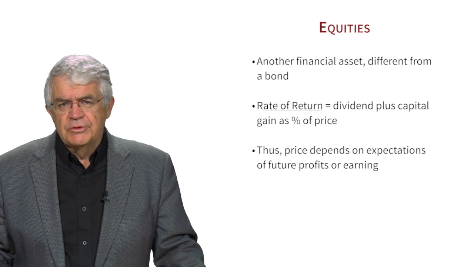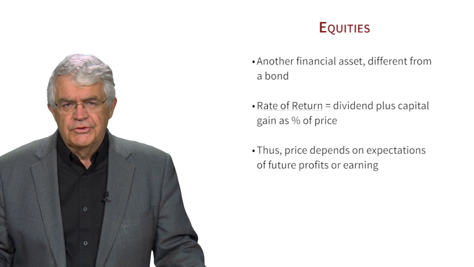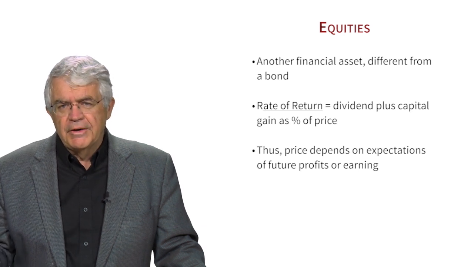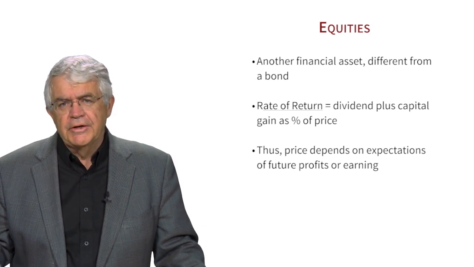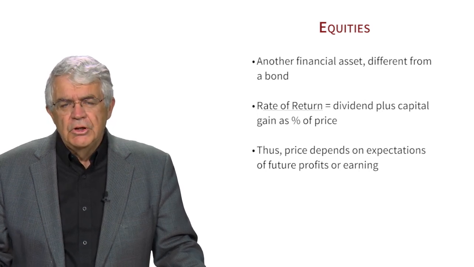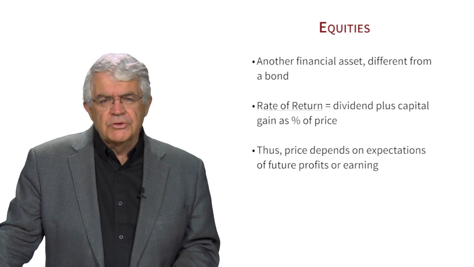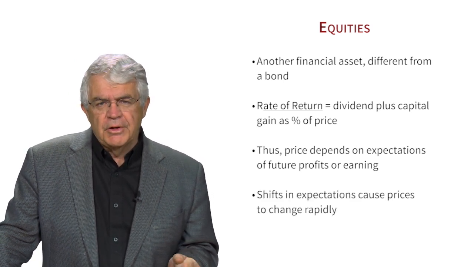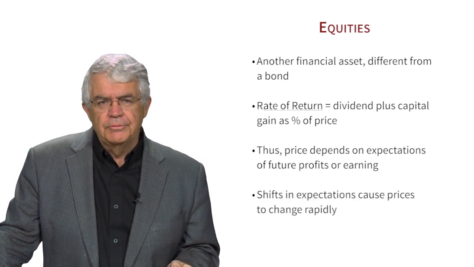So the price is going to be higher if dividends are higher, and lower if dividends are lower. And of course, dividends are what the firm can pay out from its profits, and if profits or earnings are higher, it can pay out more dividends. So prices of stocks will depend very much on the expected profitability of the firm.